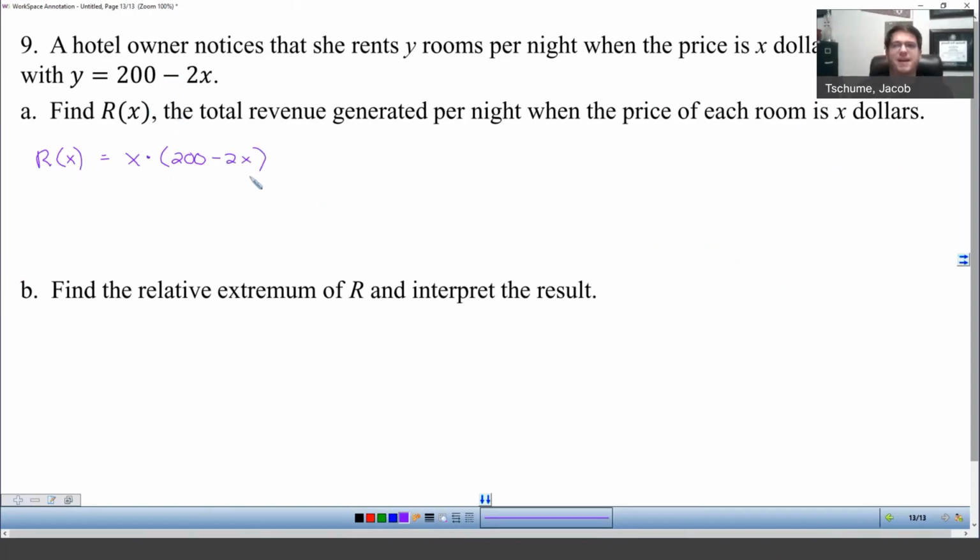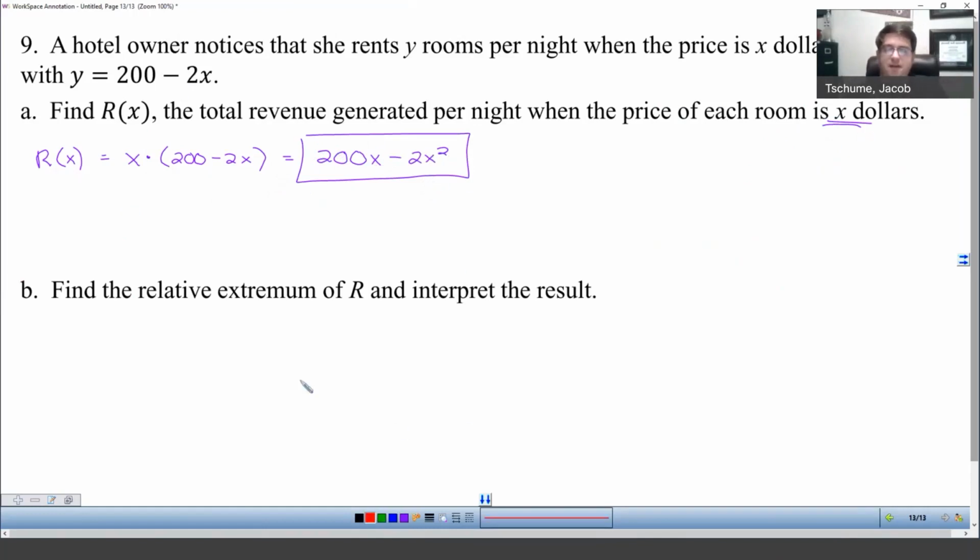I think we saw this back in section 2.3, one of the last problems in that section. If you multiply this by X, this gives you 200X minus 2X squared. So this is going to be your revenue function. And once again, it's in terms of X, so we're on the right track here.